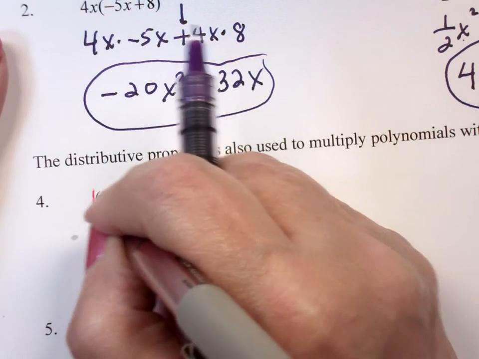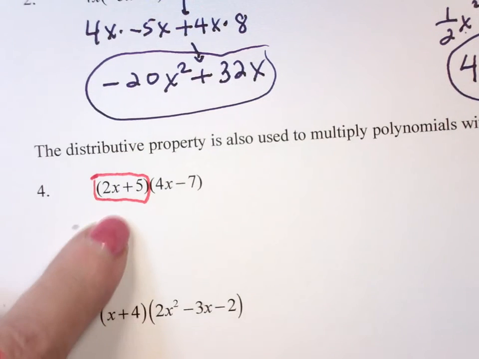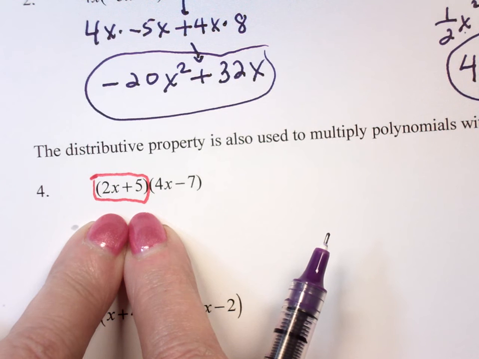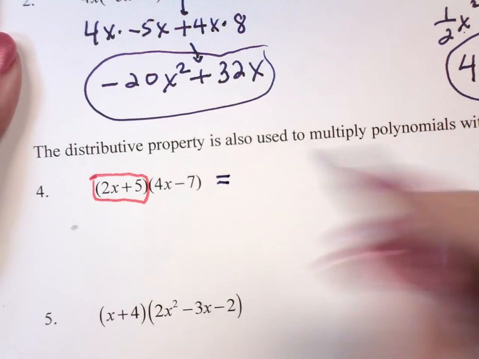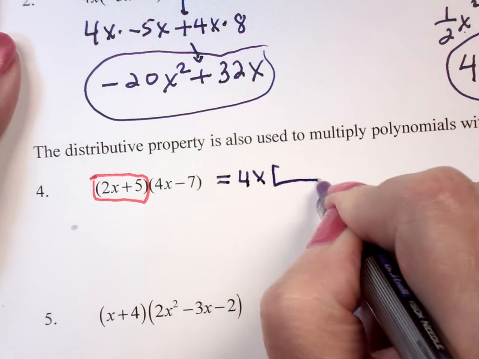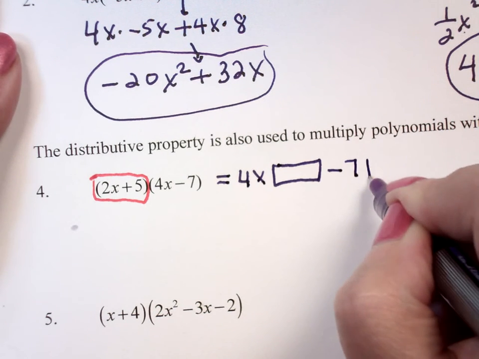But we're going to look at the distributive property, and this is what becomes important. This is essentially, with the set of parentheses, this acts as though it is a monomial. Because with the set of parentheses, it's one entity. So if I were to look at this, this is essentially 4x times box minus 7 times box.